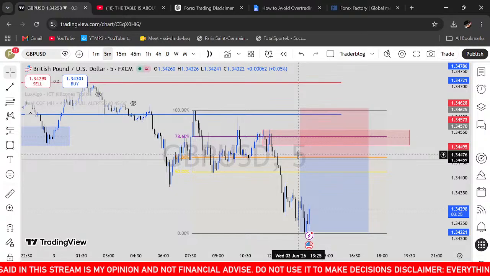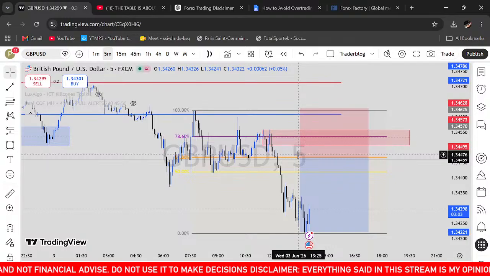So why do people overtrade? These are the two ways we will classify as overtrading here today. So why do people overtrade? Now, taking trades without confirmation is number 1 on my list.